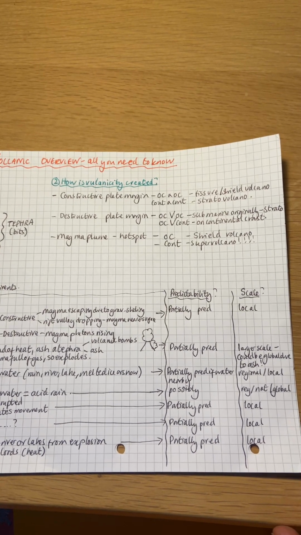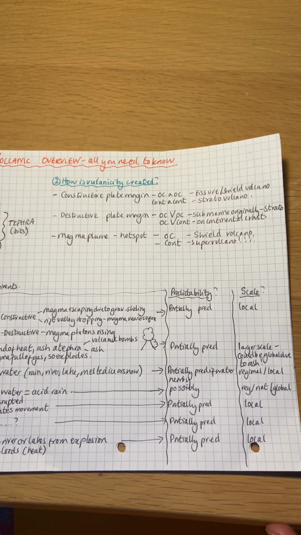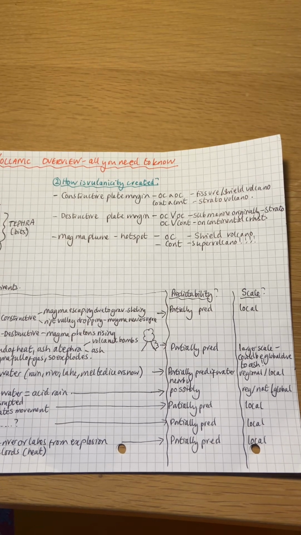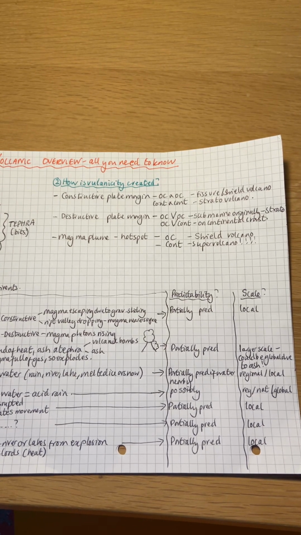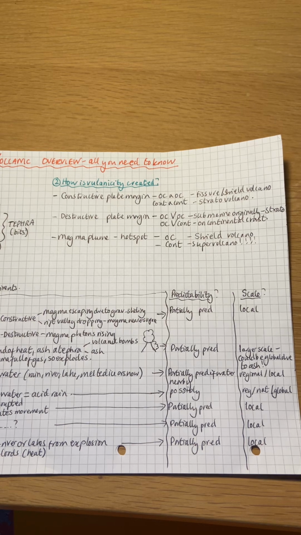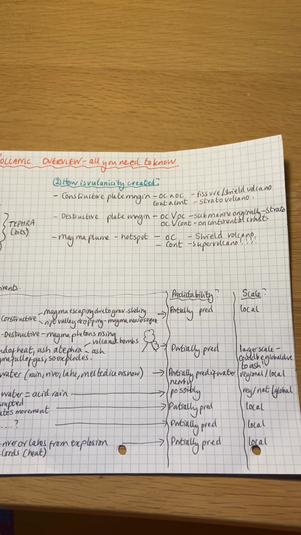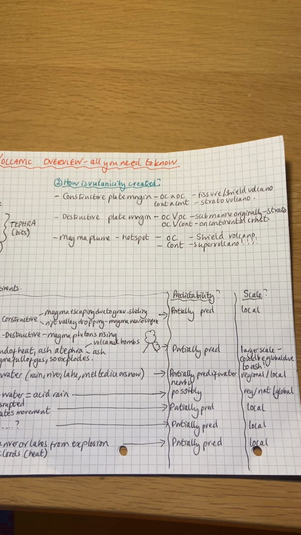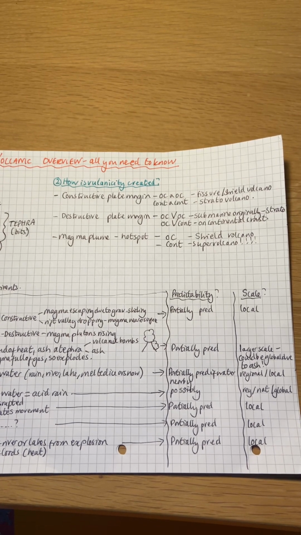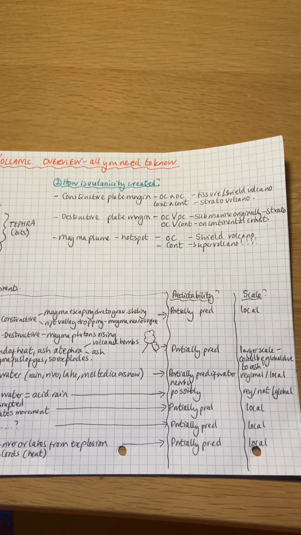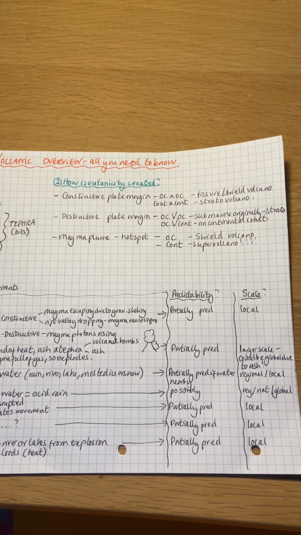Destructive plate boundary, oceanic crashing into oceanic, a submarine volcano originally, but then it would go into a stratovolcano once it had poked out above the surface of the ocean, or oceanic crashing into continental, that'll be on continental crust, and again you'll get a stratovolcano there.